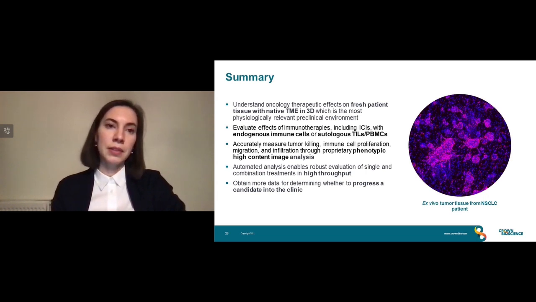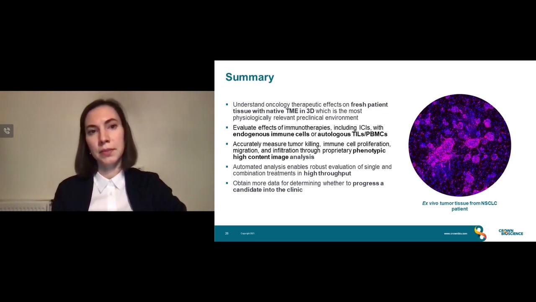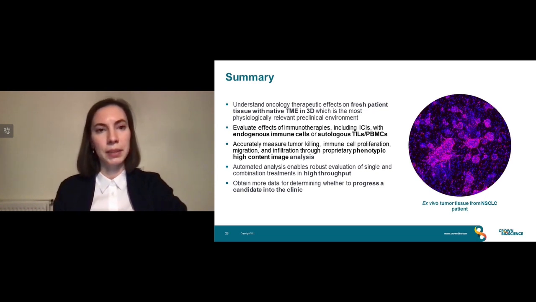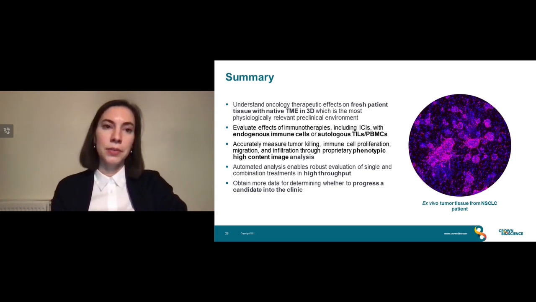And we can do this using endogenous immune cells, but also with autologous TIL or PBMCs from the patient. The platform allows to accurately measure tumor killing, immune cell proliferation, migration, and infiltration, thanks to our proprietary image analysis capabilities. And we hope that this platform can help you to gain more insights into mechanism of action of your drug and to help to progress it into the clinic.